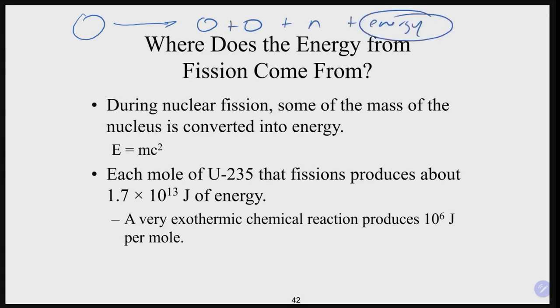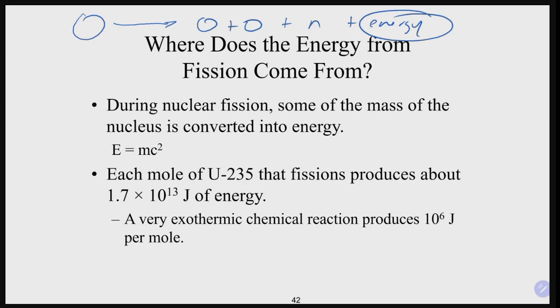During nuclear fission, there is a slight difference in the mass of the nucleus of the new guy and the protons and neutrons that make it up, which are the nucleons. So there's a slight mass difference between the protons and neutrons that make up the nucleus and what is formed as a result of the fission reaction.